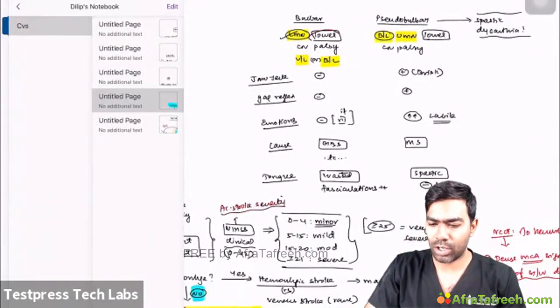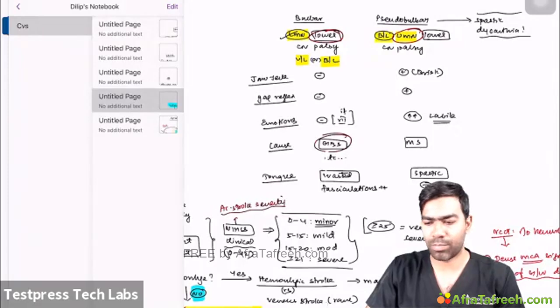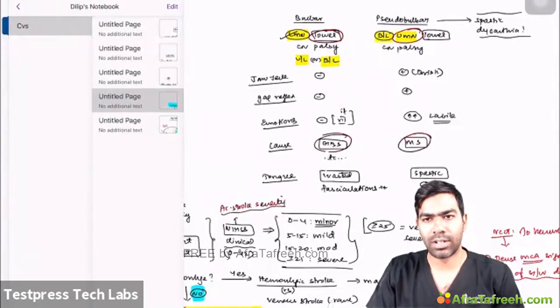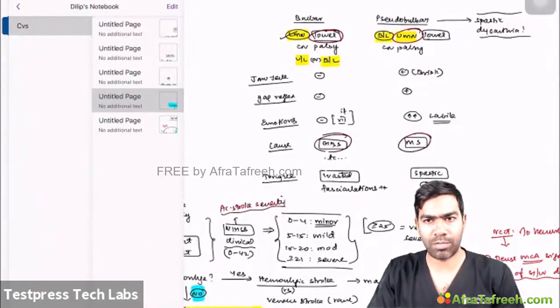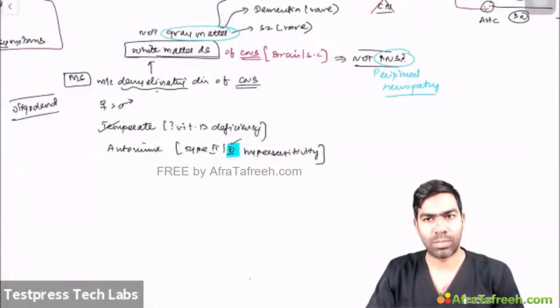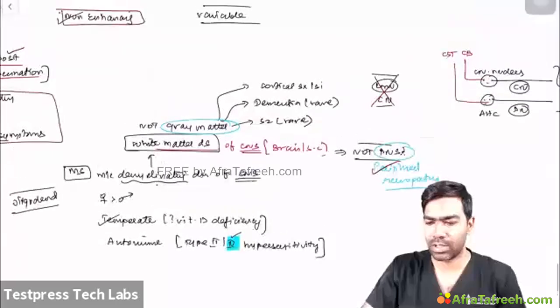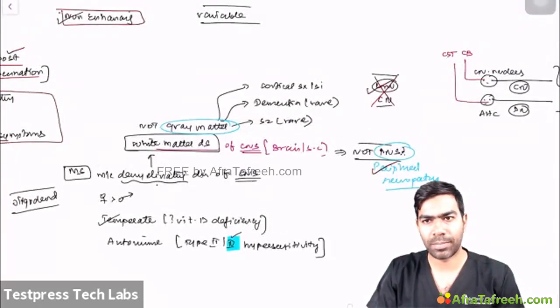In that, in the lower motor neuron type, I discussed GBS, whereas for the upper motor neuron type of palsy, I discussed MS, which means the lower motor neuron type of palsy is not possible in multiple sclerosis. Only the upper motor neuron type of paralysis will be possible in multiple sclerosis. That's why, remember, no peripheral neuropathy, no LMN cranial palsy.